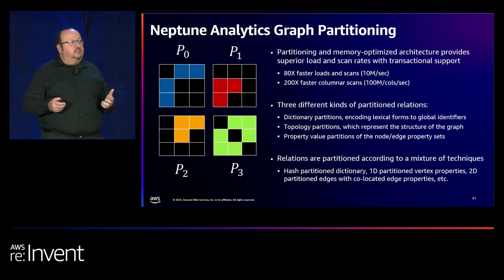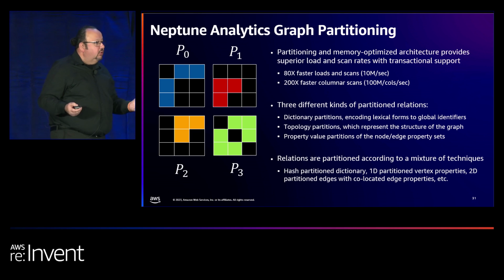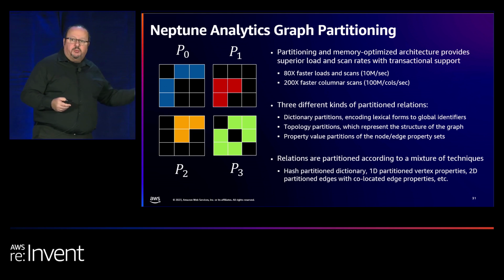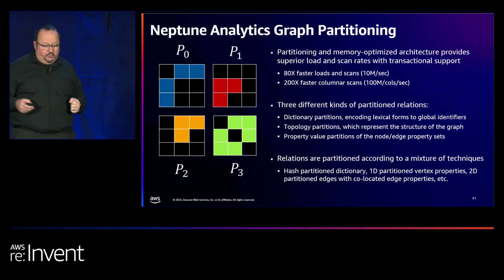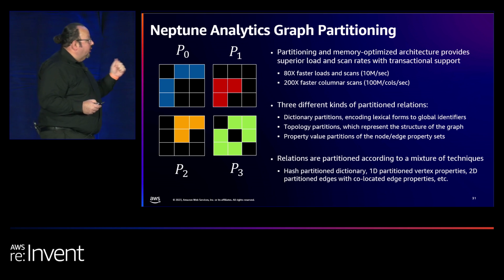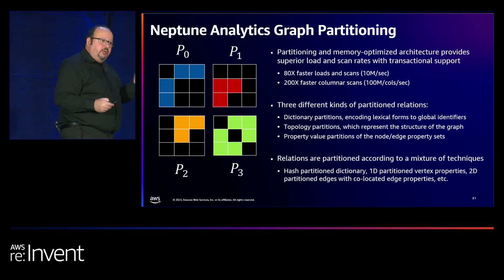And the third one is the property values of vertices and edges. We have been using different partitioning schemes for all of those, appropriately for each one of them. We use hash partitioning for the dictionaries, 1D partitioning for vertex properties, and 2D partitioning for edges and edge properties, which I'll explain in a little bit more detail in the next slides.